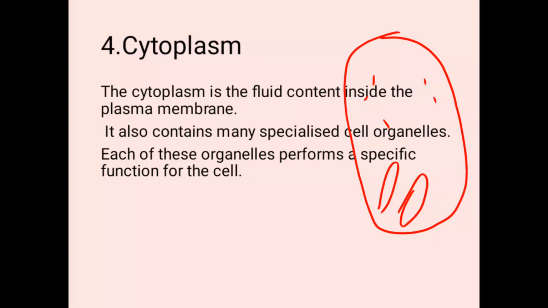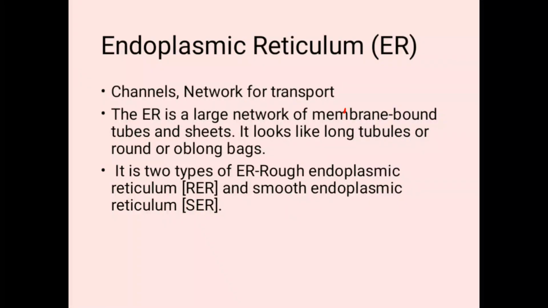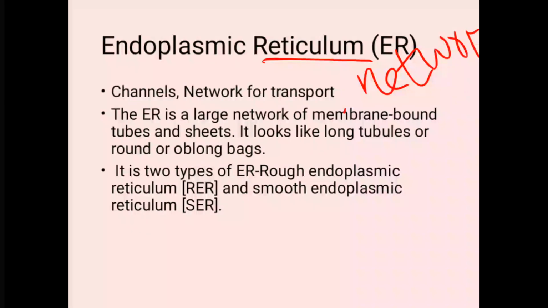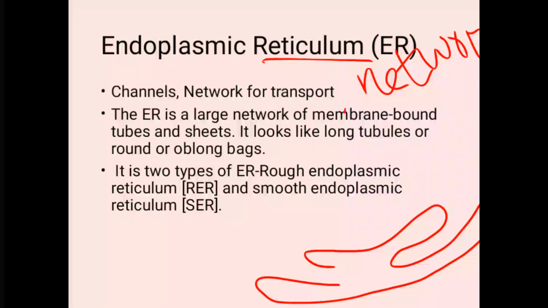Each and every cell organelle performs specific functions of the cell. The first one is the endoplasmic reticulum. Reticulum refers to a network. Inside the cell, the endoplasmic reticulum looks like a network.